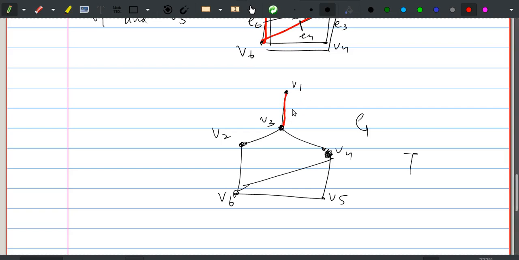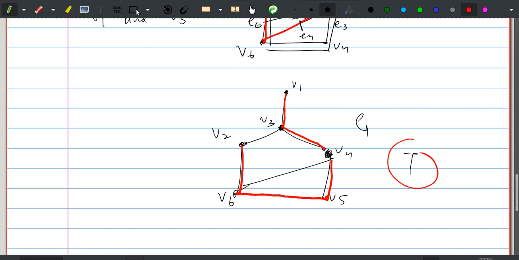It consists of v1, v3, then v4, then v5, v6, and finally this edge. Obviously this subgraph in red color is a tree which consists of all 6 vertices. So this T is the spanning tree of G.